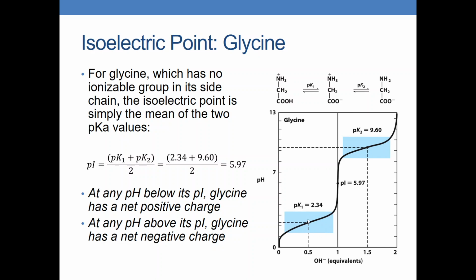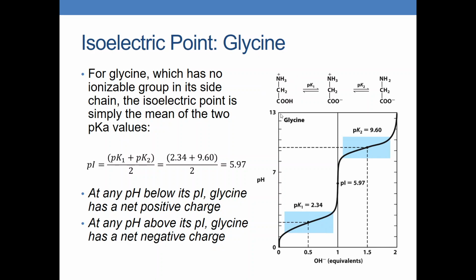When my pH equals my pKa, when I am at a pH of 2.34 for glycine, my overall net electrical charge for that solution is the average of the charges on these two species. So this species, the fully protonated state, has a +1 charge.